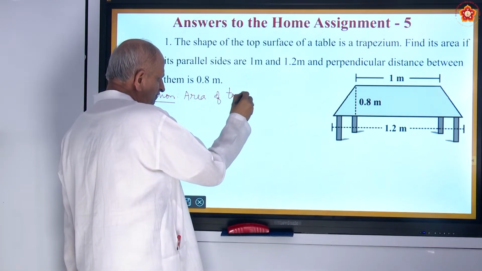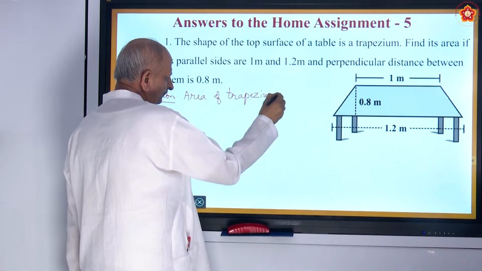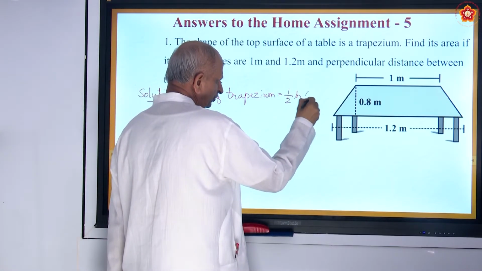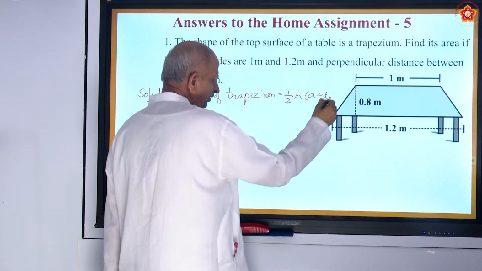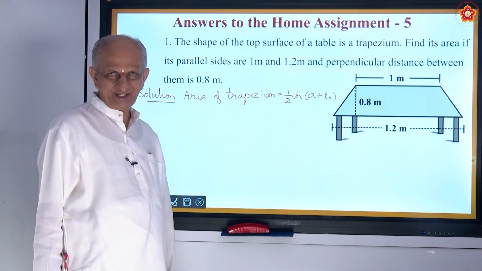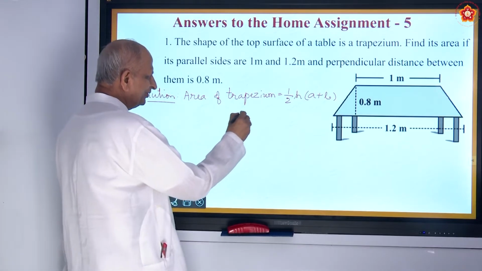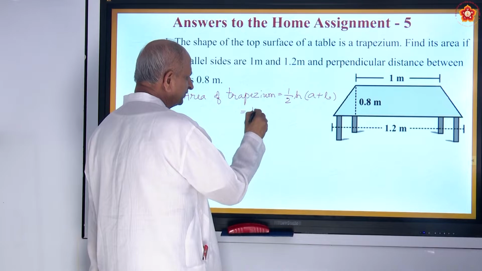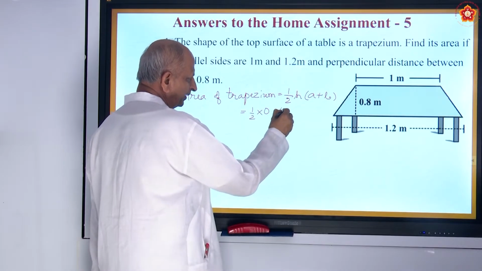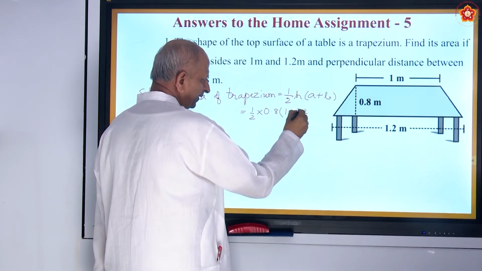Area of trapezium is equal to half of h into a plus b. What is A and B? A and B are parallel sides. What is h? Height, correct? So half of h is 0.8, A is 1 meter and B is 1.2 meters.